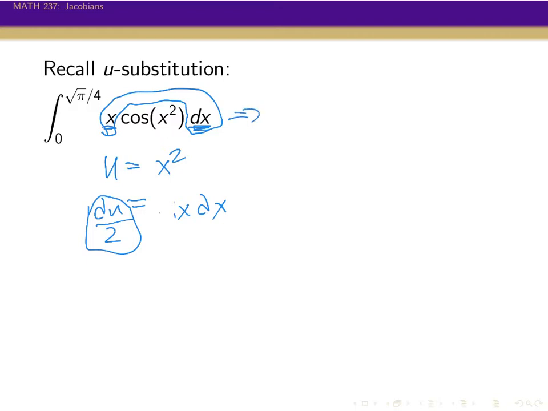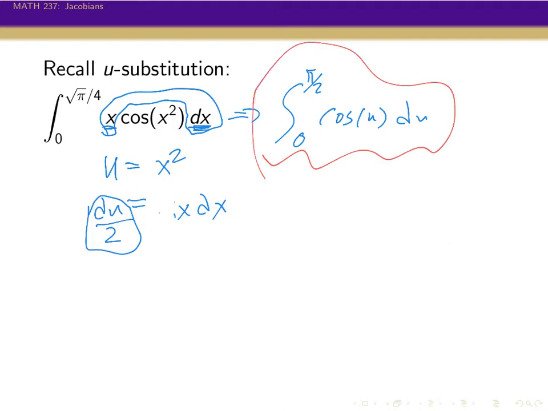And so this integral becomes cosine of u du, the bounds become 0 and pi over 2. And the whole point is that this is a much easier integral to do than the original integral.